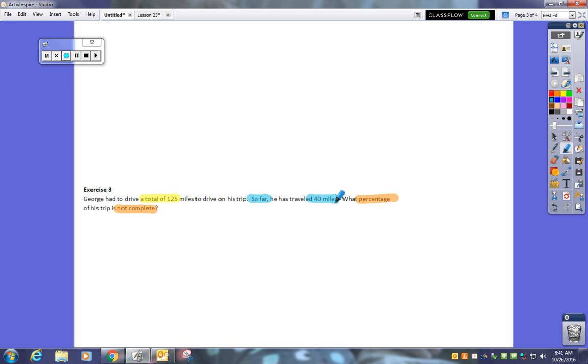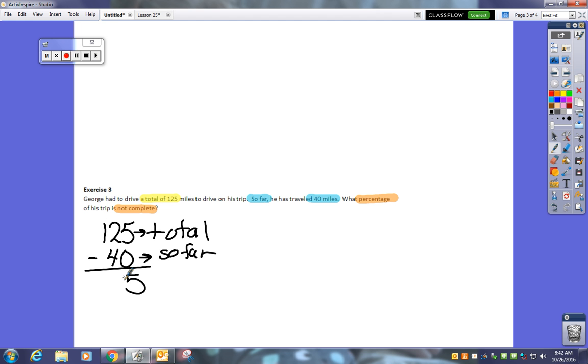In order to find the number that are not complete, we once again would have to take our total and subtract the number of miles he has traveled so far. And we subtract the 40 miles so far. And that will tell us how many he has not completed.